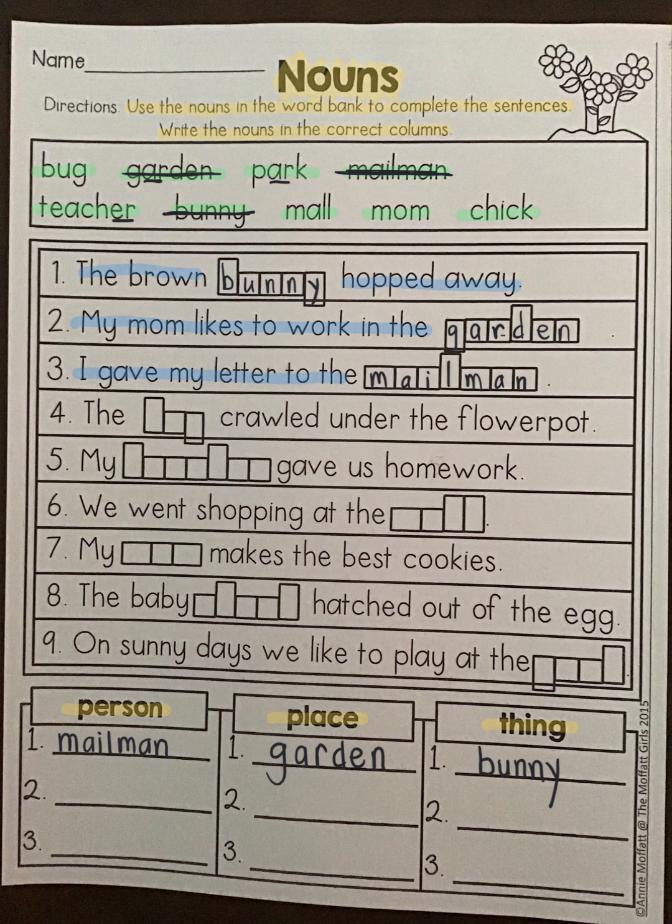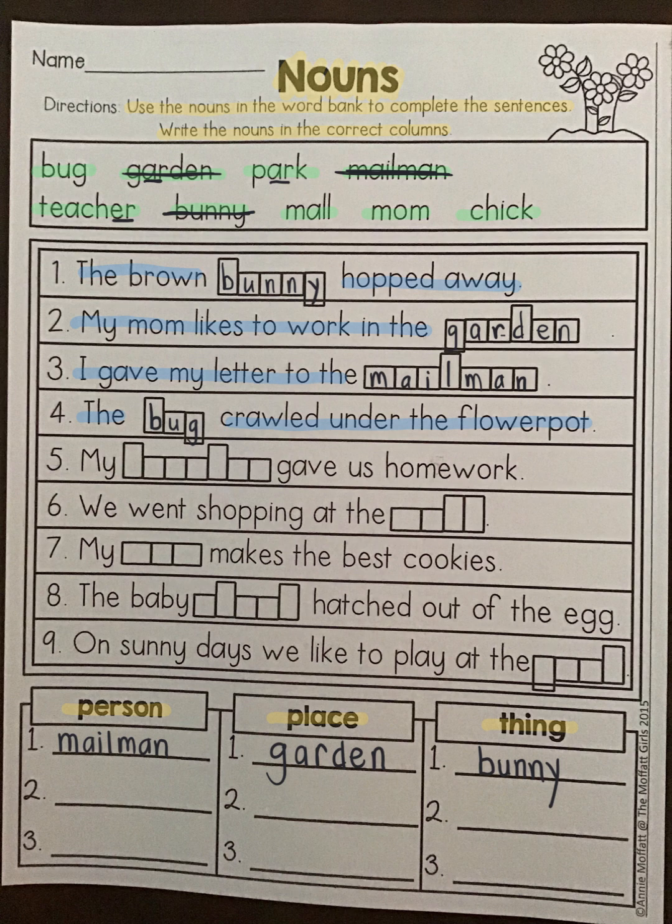Please remember, you can pause the video if I'm going too quick. Number 4. The blank crawled under the flower pot. The bug crawled under the flower pot? Yep, I think that's it. Look, we have a tall box for the tall B. Bug.